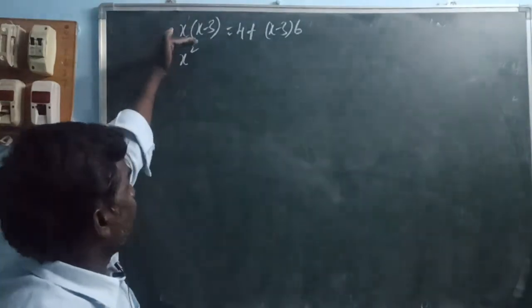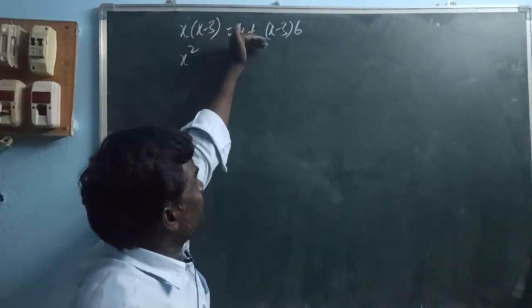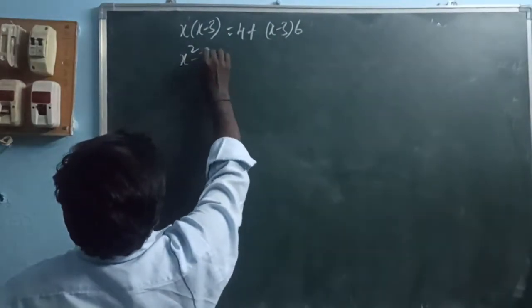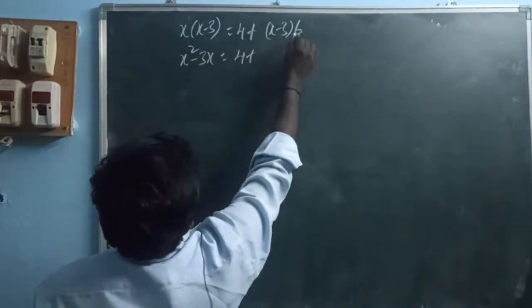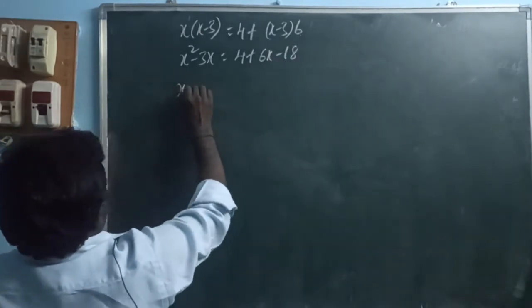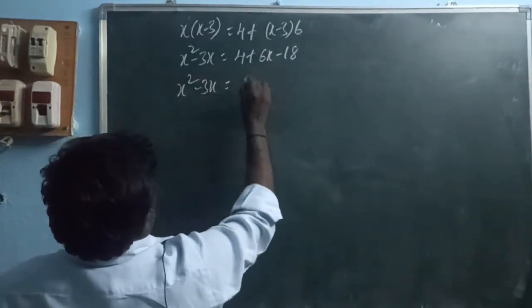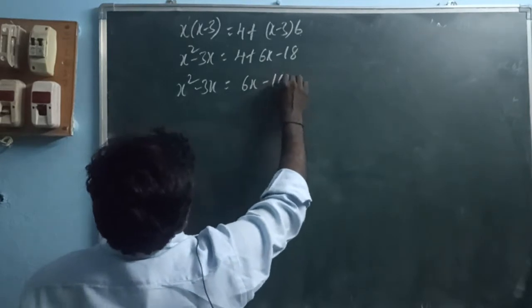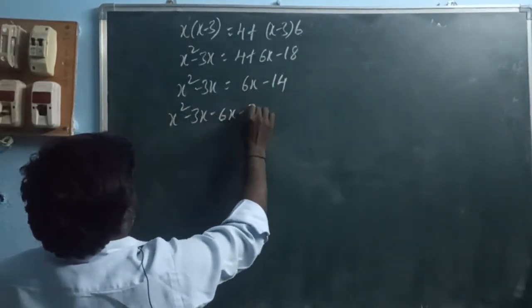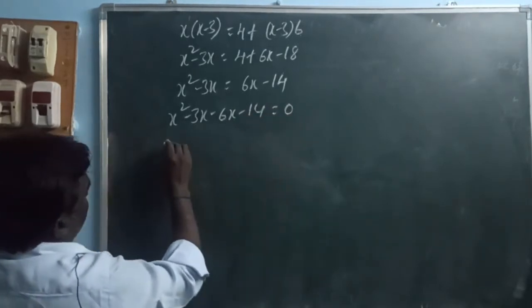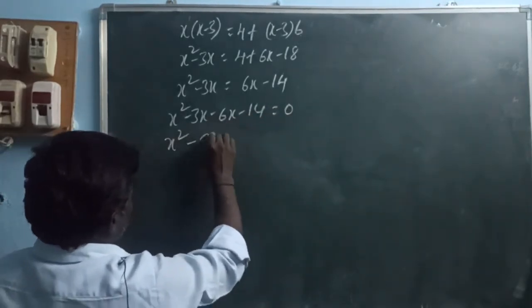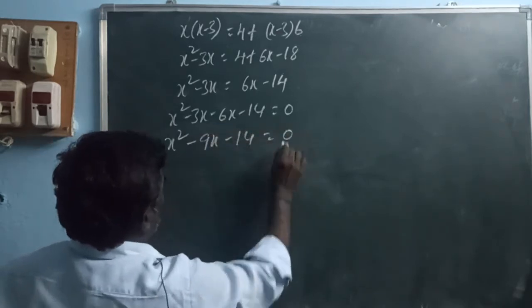So x square minus 3x equals 6x minus 18 plus 4, that is 6x minus 14. So x square minus 3x minus 6x minus 14 is equal to 0. So x square minus 9x minus 14 is equal to 0.